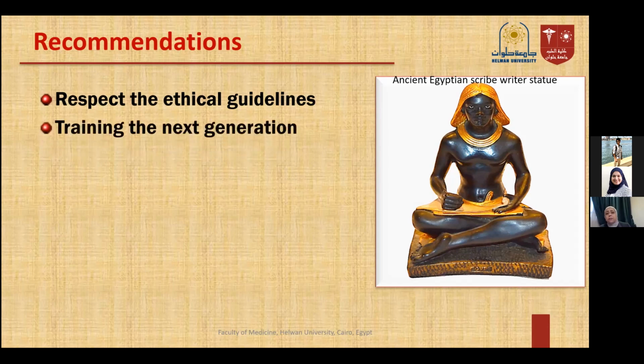We need to treat the next generation with the insight of an interdisciplinary and transdisciplinary mindset. There are training programs for undergraduates, as I told you, offered by the National Institute of Health.